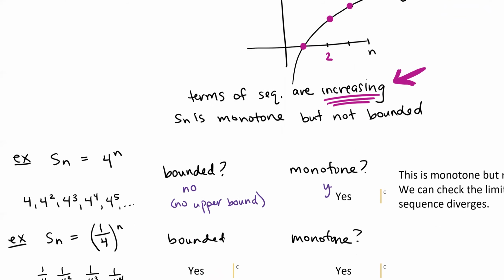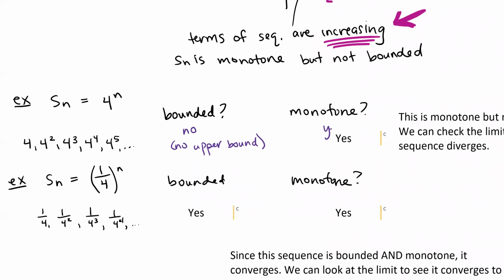Okay, let's look at a couple more examples here. So here we have Sn is equal to 4 to the n. And this sequence, is it bounded? No, it's got no upper bound. Yes, it has a lower bound of 4, but there's no upper bound. There's no upper limit to this sequence. So this sequence is not bounded, but it is monotone because it's only increasing.